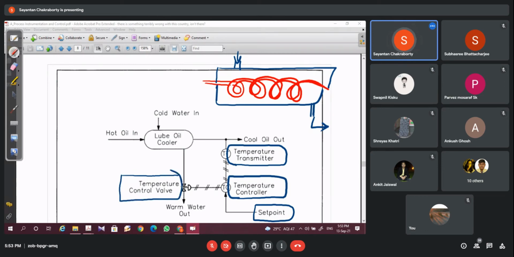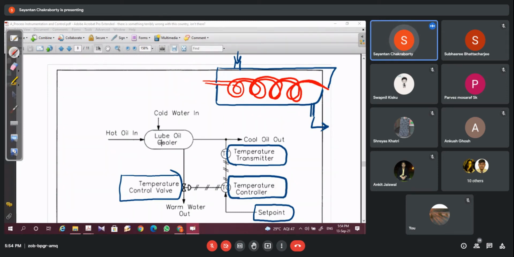What does this valve do? Opening this valve will cause more water to flow through the tank, and closing the valve will cause the flow rate to be reduced. If the temperature has increased beyond the set point, we have to open the valve, the control action will take place, and accordingly the valve will be opened and more water will be flowing through the cooler chamber, and the cooling will be more.